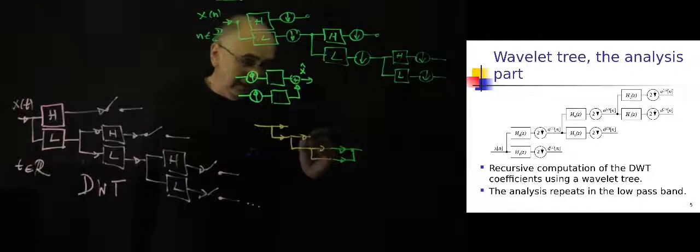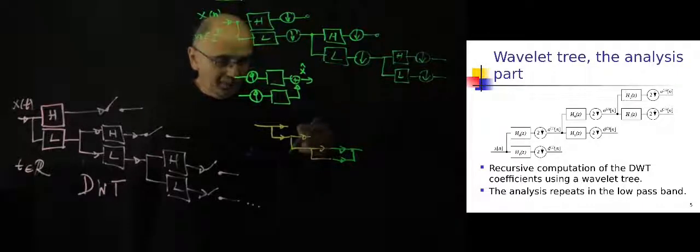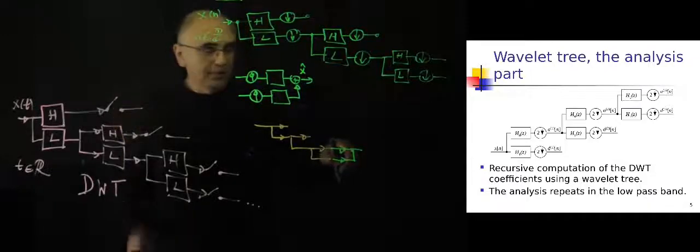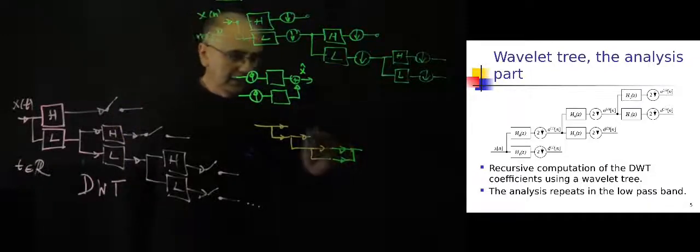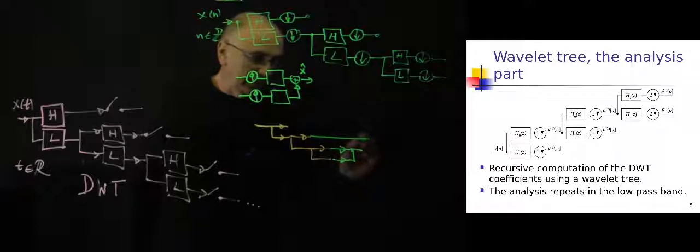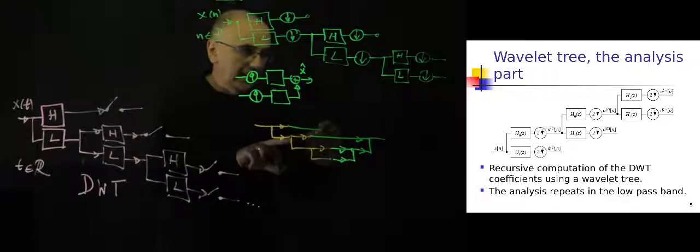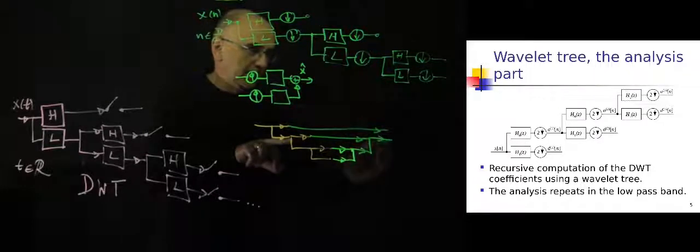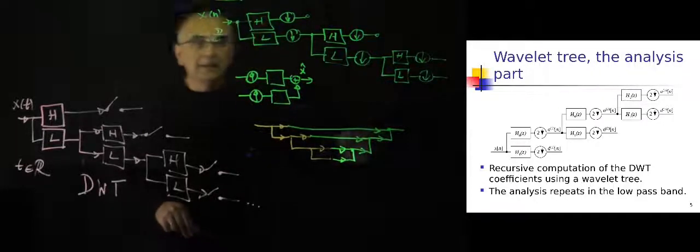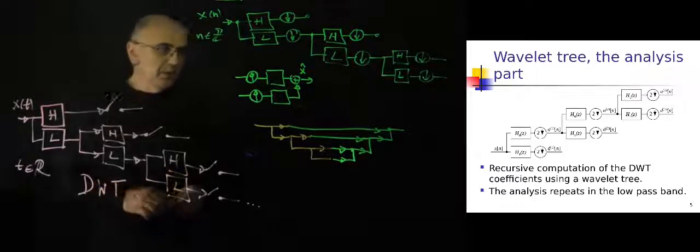Then we can do it again. So from these 2 channels, that one is just being reconstructed, we can collect the results and reconstruct what was here, and now we can apply the same pair of reconstruction filters to get a completely perfect reconstruction structure.